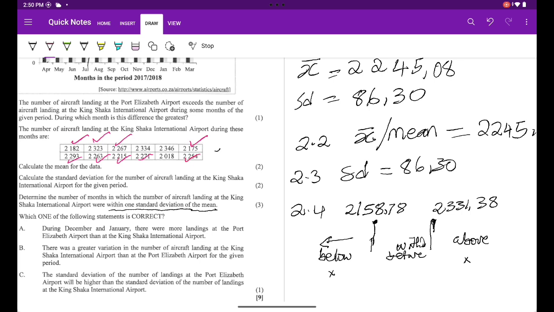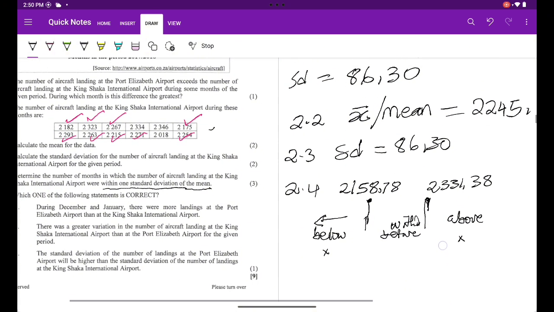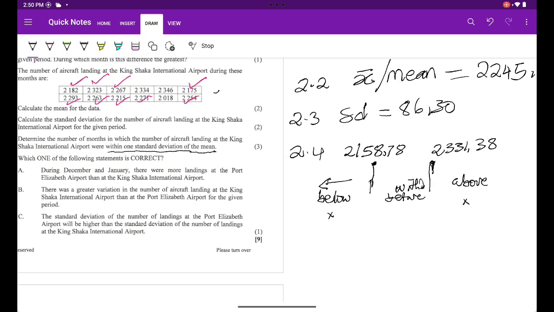And so they wanted to know how many are within. So we just simply count this. It's 1, 2, 3, 4, 5, 6, 7, 8, 9. So our answer in 2.4 is actually 9. Simply 9. So it means there were only 9 months.